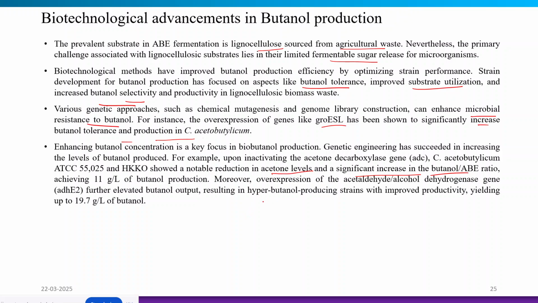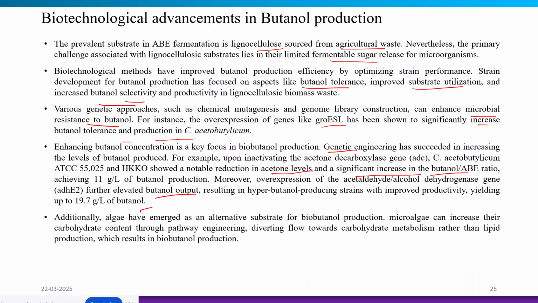Similarly, overexpression of the acetaldehyde or alcohol dehydrogenase gene can further elevate the butanol output. So overall productivity will increase. Thus, with the help of genetic engineering, we can tune the genes of the microorganism for an overall higher yield of biobutanol production.